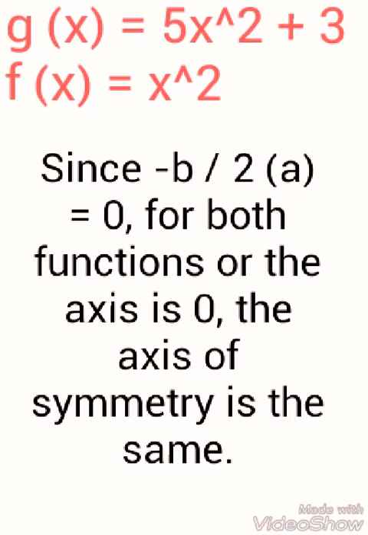The next one: if we apply the formula negative b over 2 times a in this equation, it will be 0 because there's no other number here and there's no value of the x here. As a result, both functions have the same axis of symmetry, which is 0.